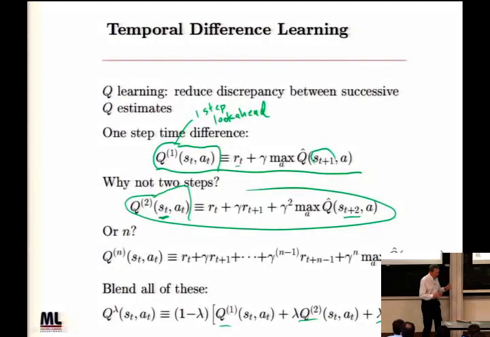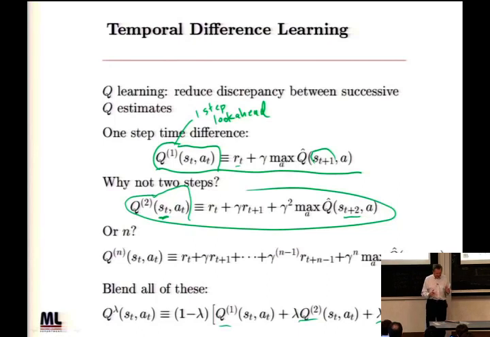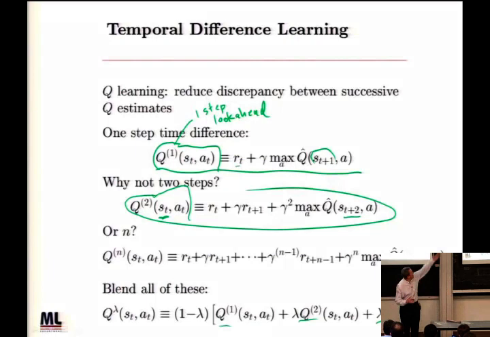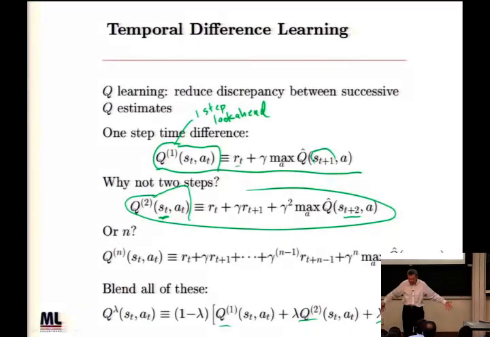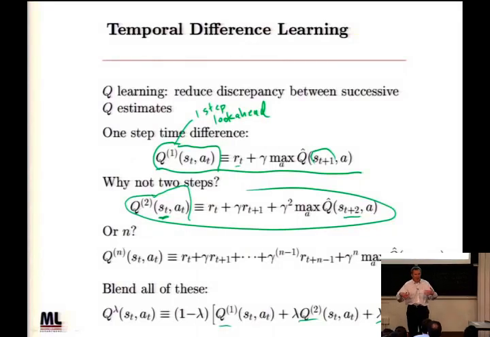So now imagine this. I'm in state, let's call it ST. I go one step ahead. I get a reward. Oh, I get my Q1 update, so I can go ahead and update that first state action pair's Q value. Now I take another step, I get another reward, and I look here and I see what my outgoing actions are, and I get the max of the Q values for that.